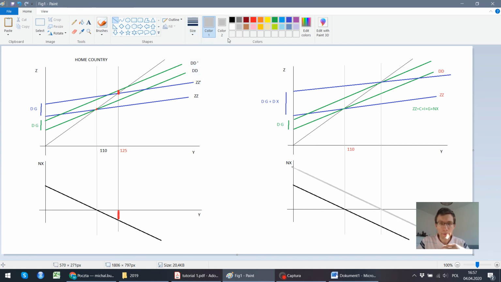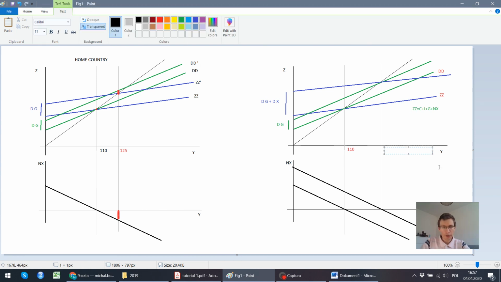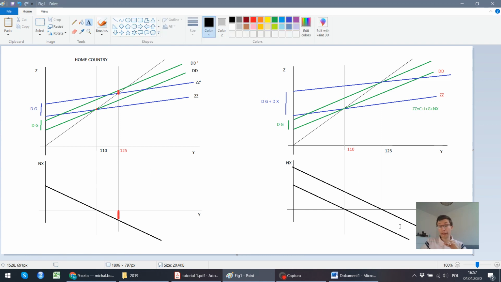Depicted by this nice black line. Conclusion: in the new equilibrium, you observe that the new output level is exactly the same as in the previous point, but now we observe a change in net exports. So the shift in exports compensated for the deficit in the home country.